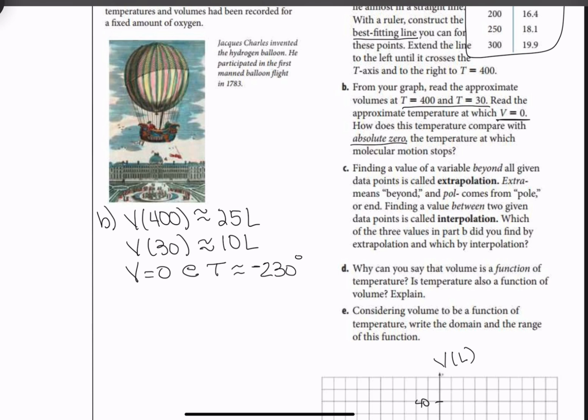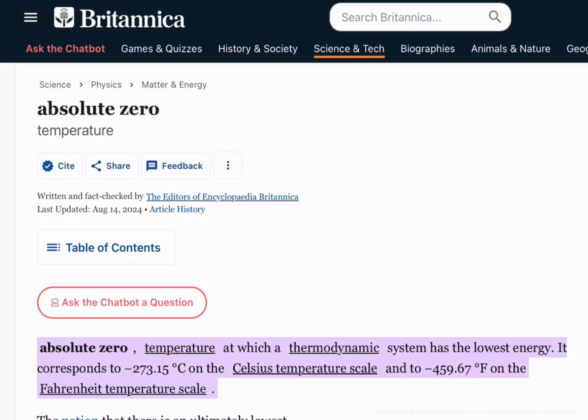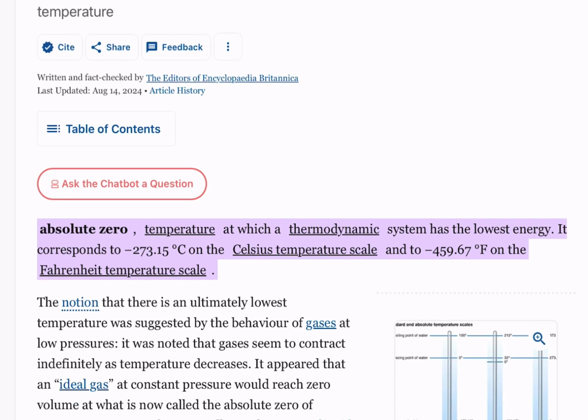I'm curious. I don't know much about absolute zero, so guess what we can do? We can Google it. Looking online, I just Googled absolute zero. The first one that came up was Britannica. Absolute zero is a temperature at which a thermodynamic system has the lowest energy. It corresponds to negative 273.15 degrees Celsius. Interesting.